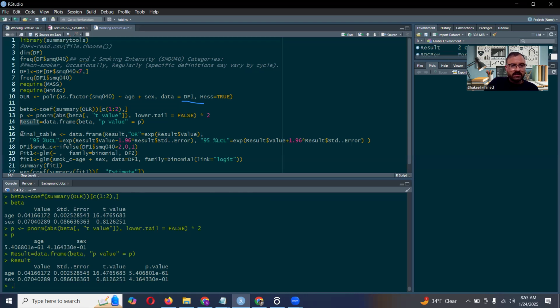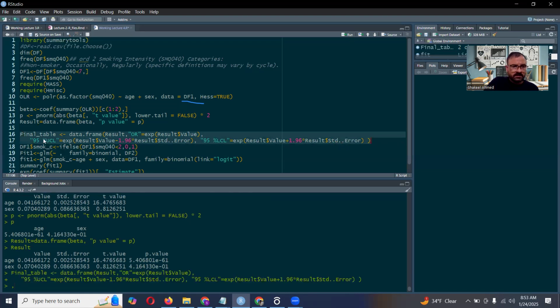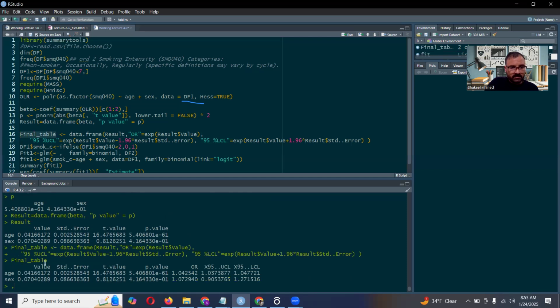So you can get the confidence intervals as well. And you can see the final result that includes estimates, standard errors, t-value, p-value, odds ratio, and the confidence interval.